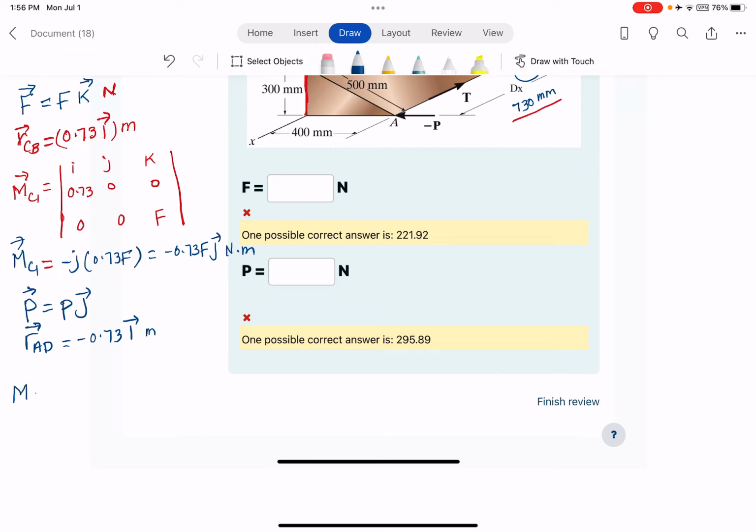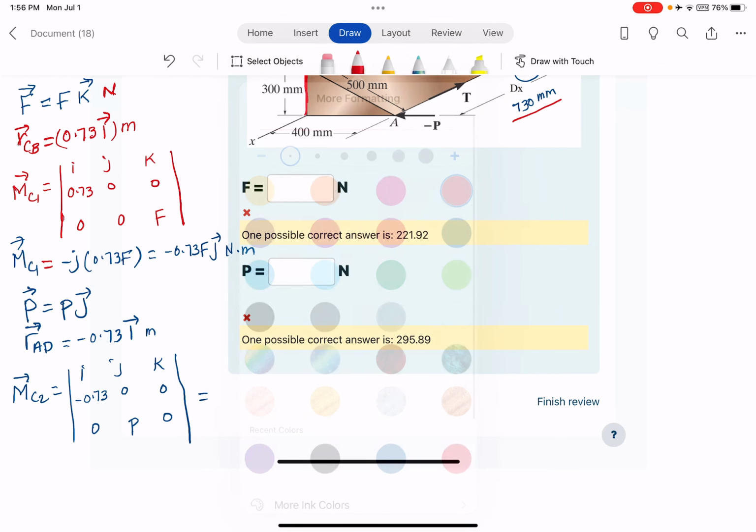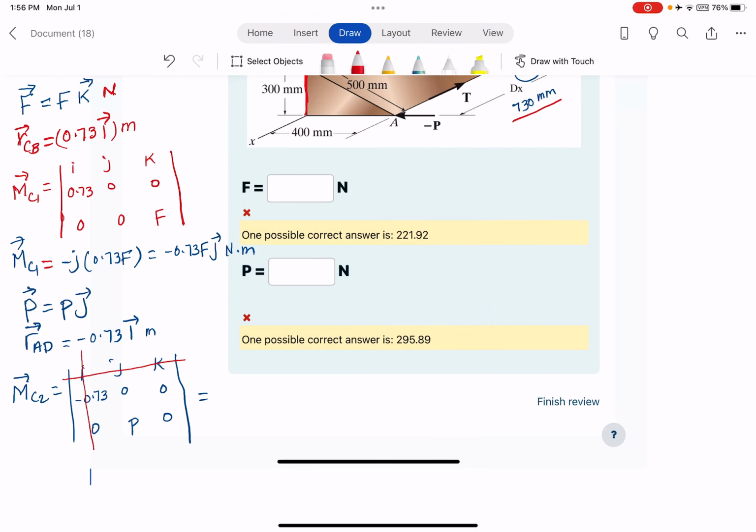Let's call this one MC2. i, j, k. We're going to put the position vector here, minus 0.73 i, 0, 0, and 0, P, 0. Okay, this is equal to, let's do the first one. The i, 0 minus 0, so there's nothing in the i.